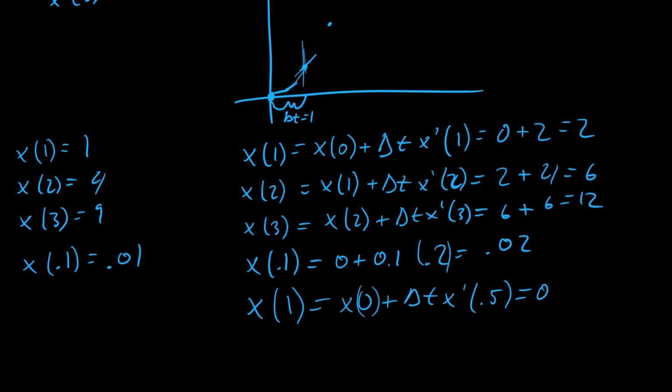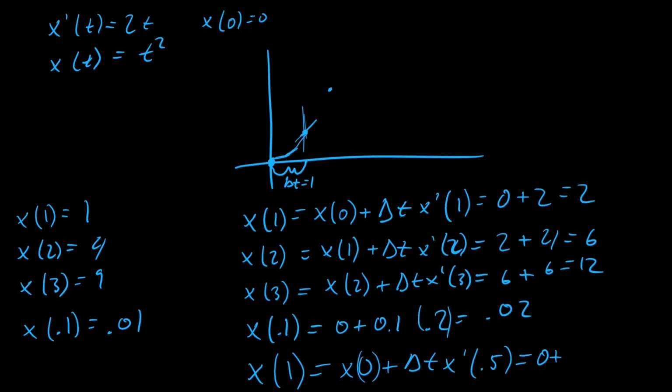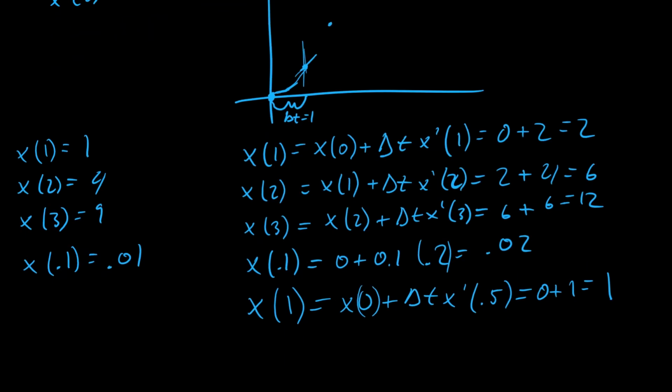And that's equal to 0 plus, now if we go back up, it was 2t. That's equal to 1, which actually in this case happens to be the right answer. So let's see if we carry that forward, if we can continue to get some better answers. Our delta t, we're just still keeping it at a solid 1.